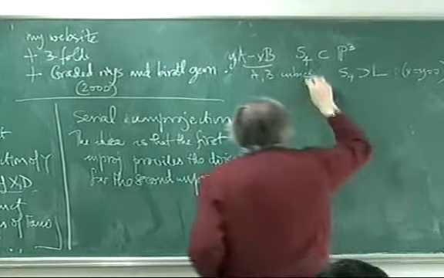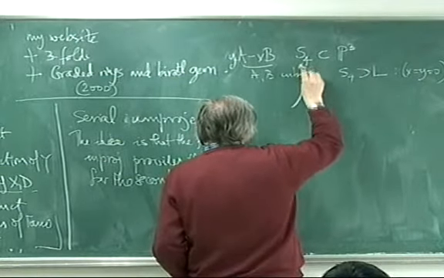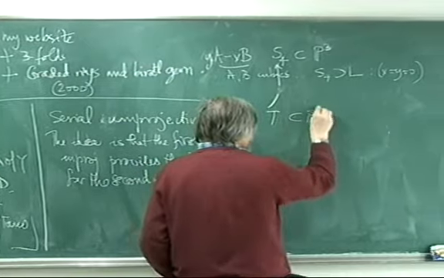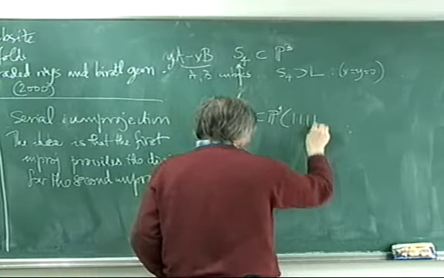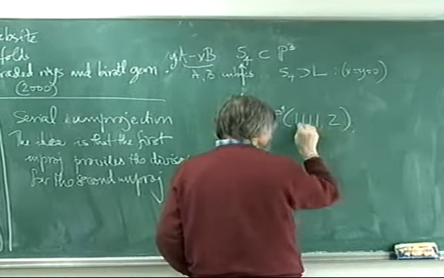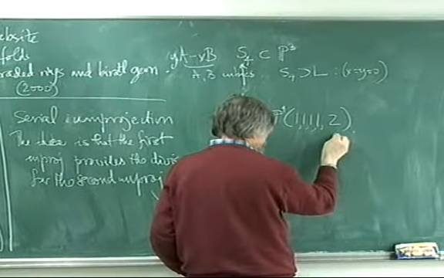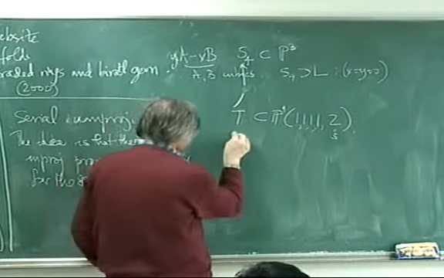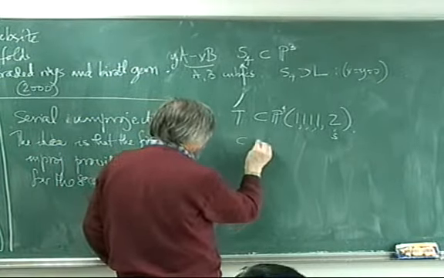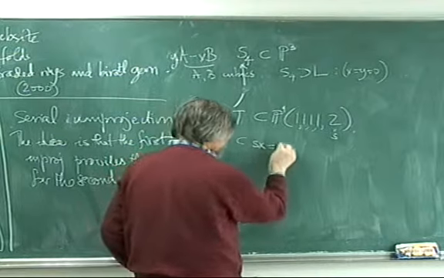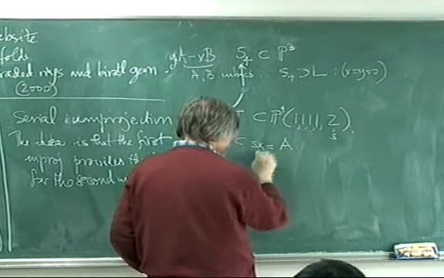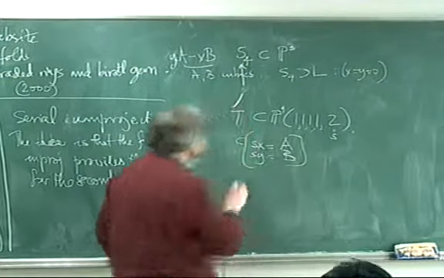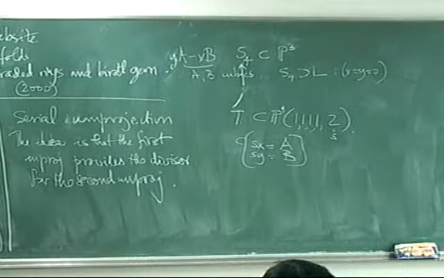Right, and so there's an unprojection here. There's a map which goes from T in P4, for P4 is 1, 1, 1, 1, 2. This is the new variable, S. And this T is just given inside here by Sx equals A and Sy equals B. Nothing could be simpler.